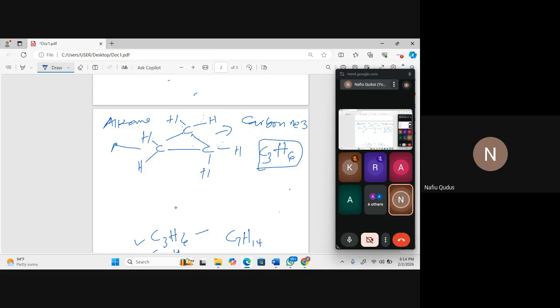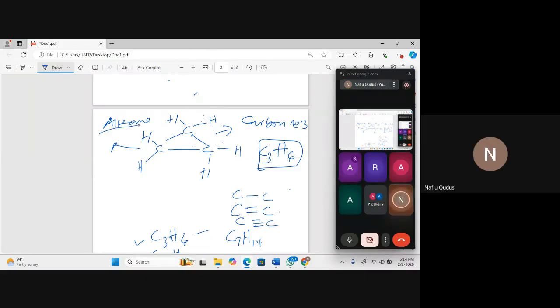Now, the alkane family is carbon to carbon single bond, right? Alkene is carbon to carbon double bond. Alkyne is carbon to carbon triple bond, right? Now, this carbon to this carbon is a single bond, and this carbon to carbon is another single bond.